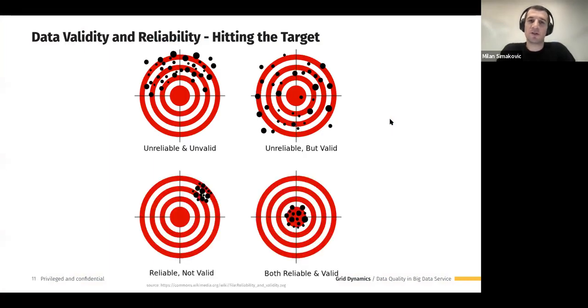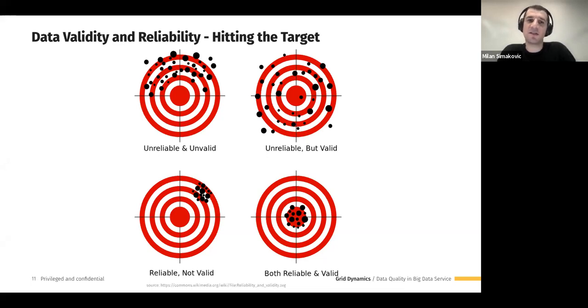We can also show data quality with these four targets and their hits. On the upper left target, you can see that the hits are pretty wide, and none of the hits are hitting the target.